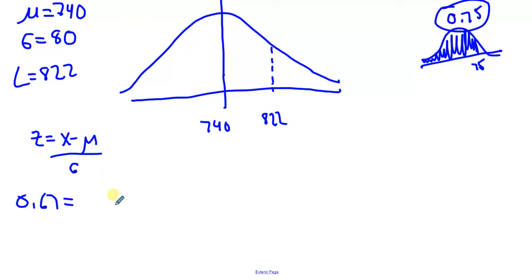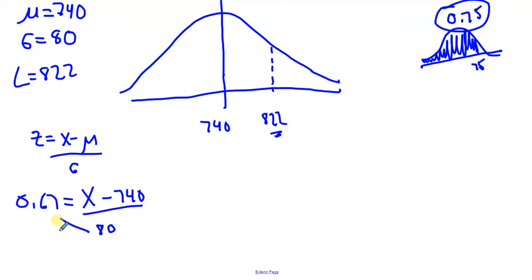Okay, and we know the average is mu, the standard deviation is 80, and the average is 740. What we don't know is that cutoff. So we're not actually subbing in Lauren's marks. What we're doing is finding the cutoff, and then we're going to see if Lauren meets that.